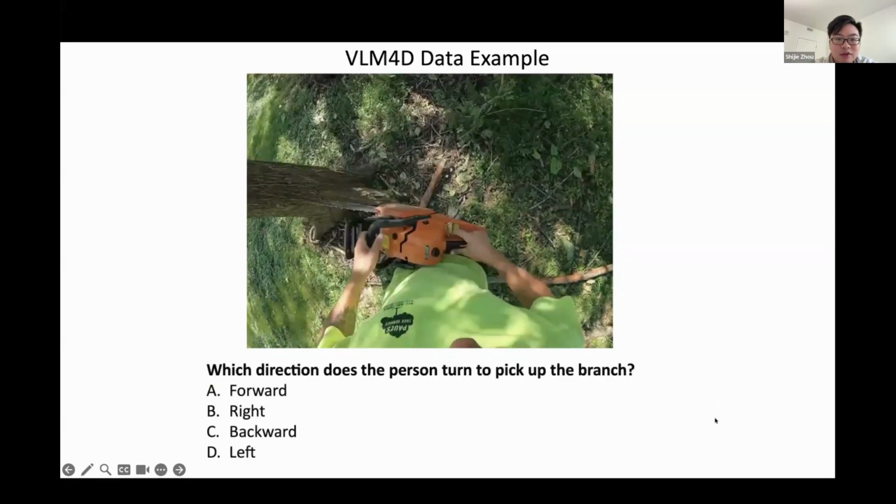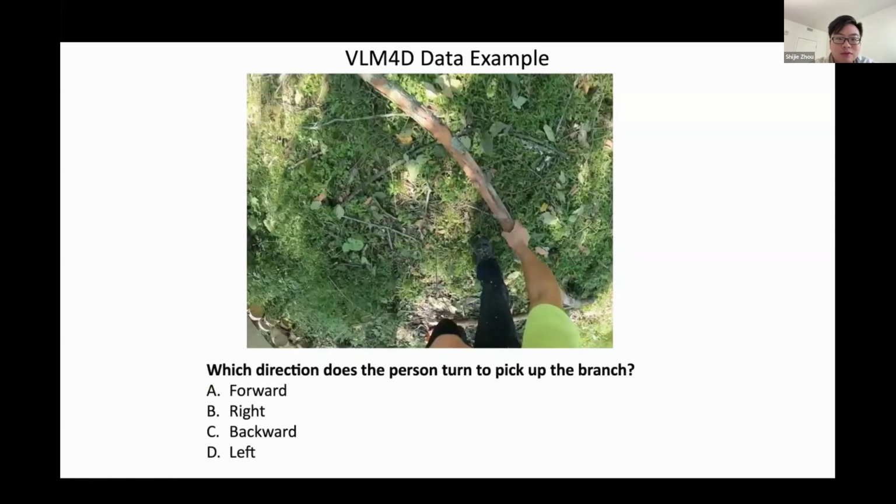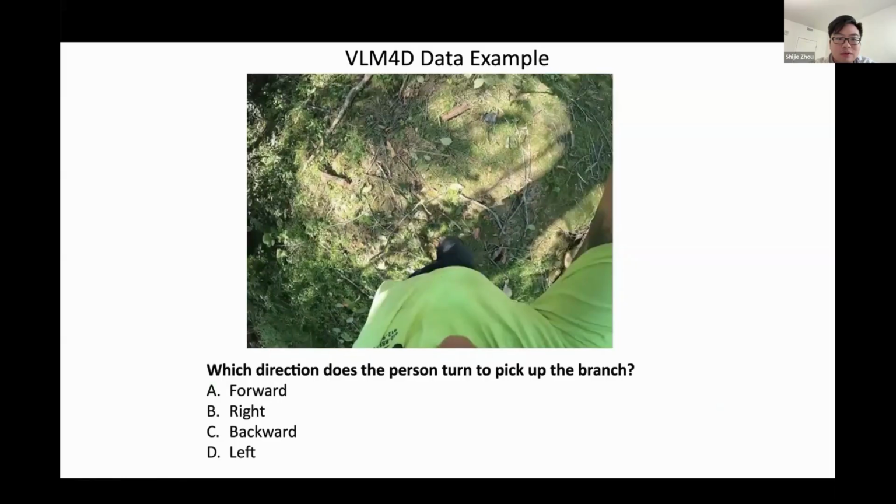And this one, what direction does the person turn to pick up the branch? We can see that he turned to his right. And this is an egocentric rotational motion question.